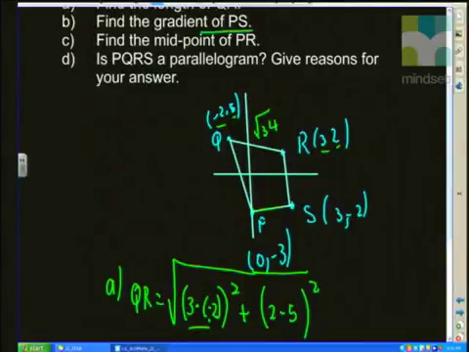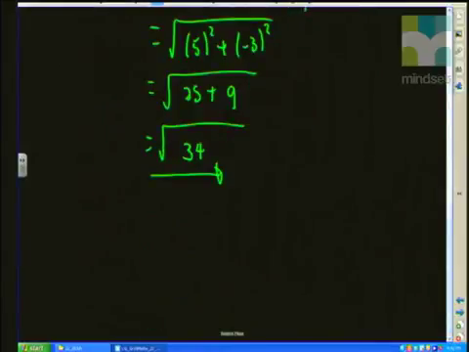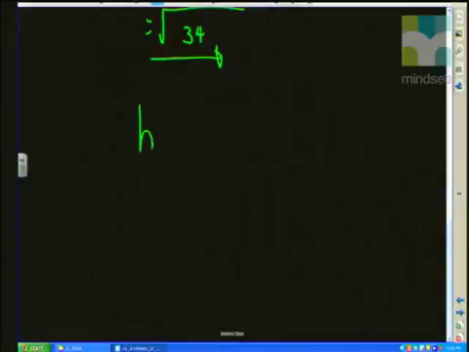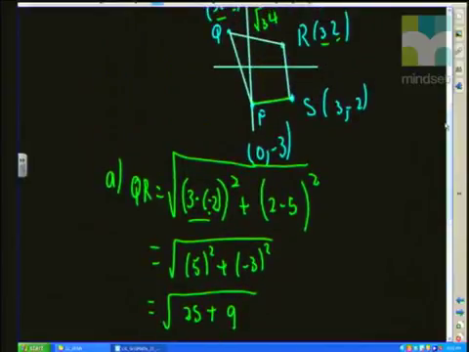Okay. Part B says find the gradient of PS. So PS, another side of the quadrilateral. For the gradient, I'm going to use the gradient formula. We're going to say the gradient of line PS is equal to the y coordinates. And remember guys, order is important. So if you start at S, you need to keep both x and y values starting from point S. Don't swap around in between.